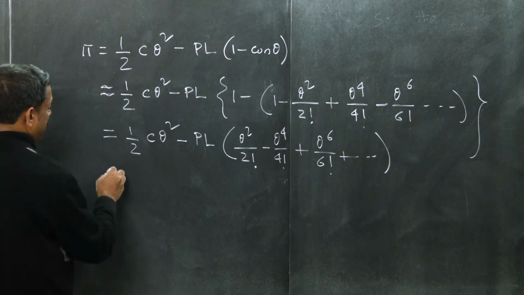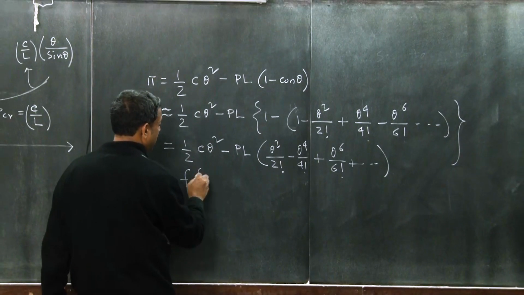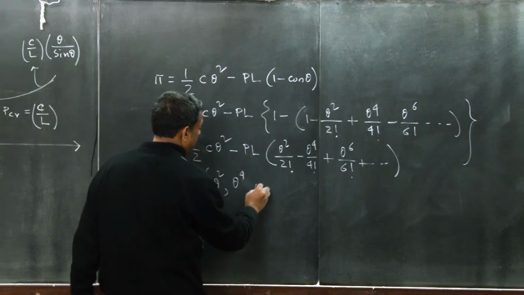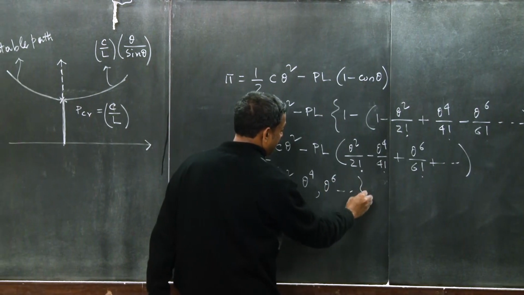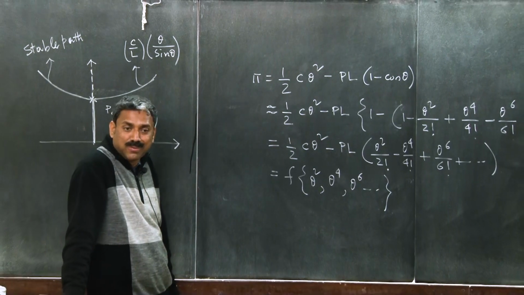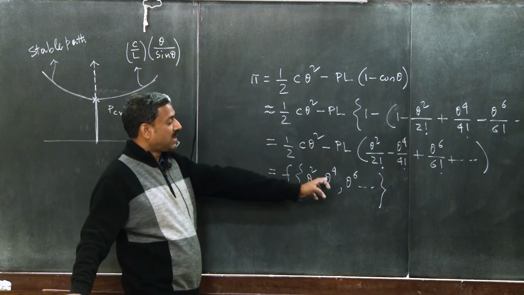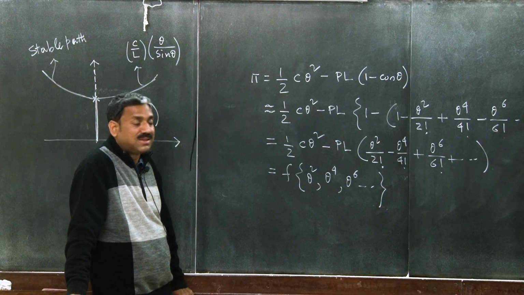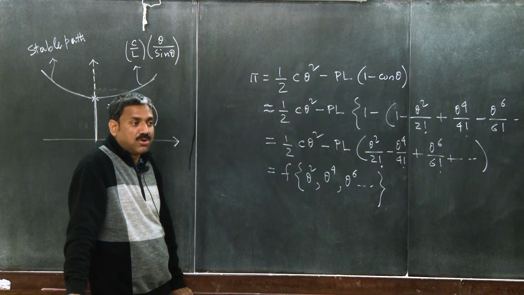So what do you see? The potential energy function becomes a function of what? Theta square, theta to the power 4, theta to the power 6. Do you see that? So it's a function of quadratic term, quartic term, and then others, right? All are even terms. There are no odd order terms.